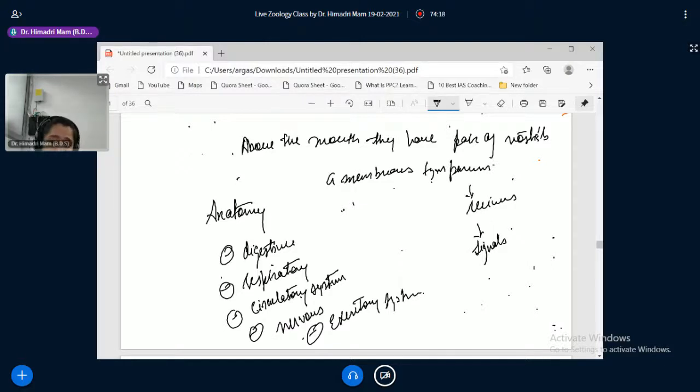Right. They have organ system level of organization. Now their digestive system consists of an alimentary canal.